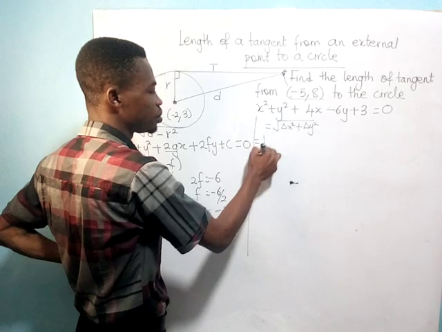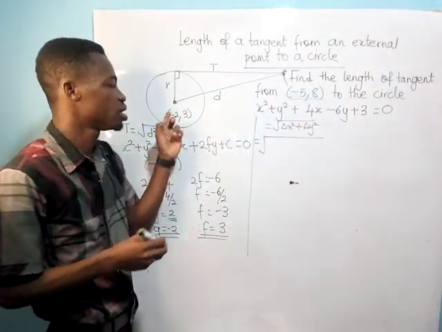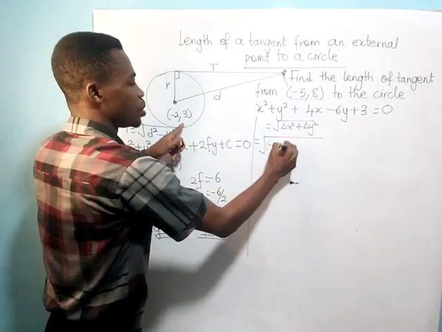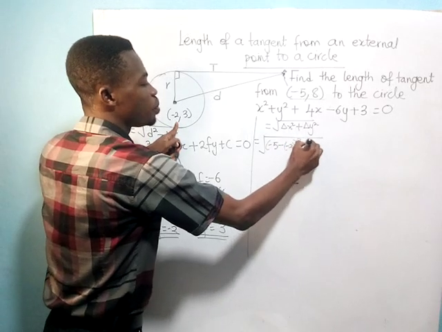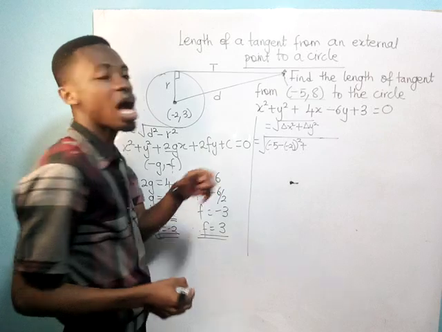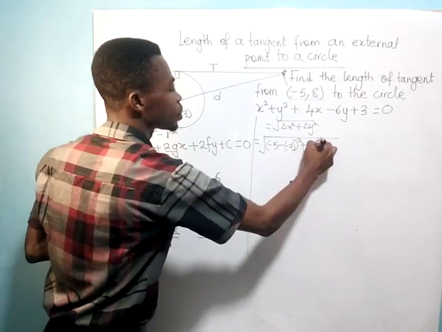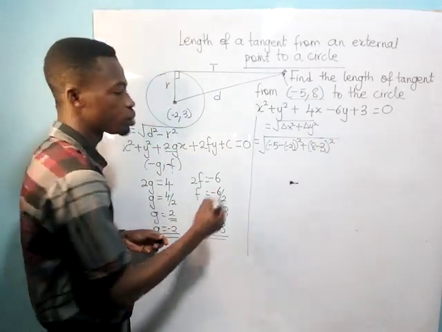So we have the square root of, now we have 2 values of x, so the change is negative 5 minus 2 all to the power 2, plus our change in y, which will be 8 minus 3 all to the power 2.